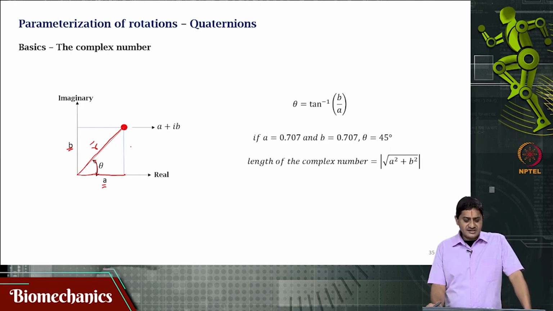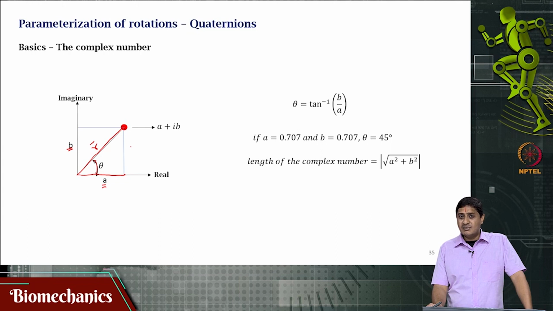So, let us say I know the values a and b. How would you find theta? From high school mathematics, I know that it is tan inverse of b by a. Now, let us suppose a is 0.707 and b is 0.707, then theta is 45 degrees.